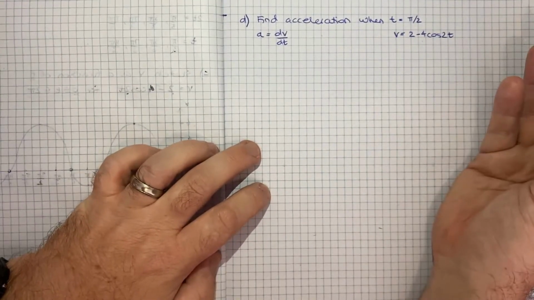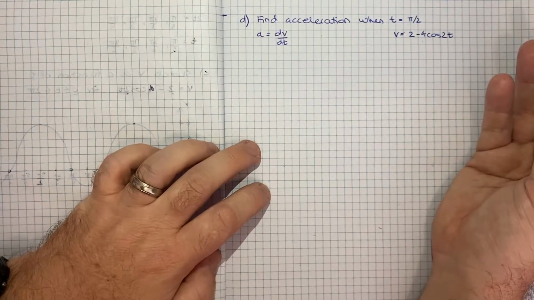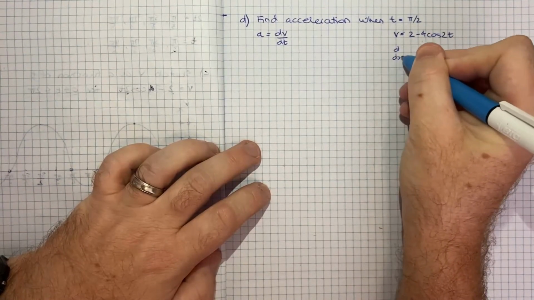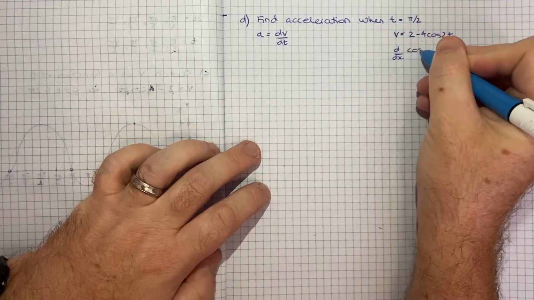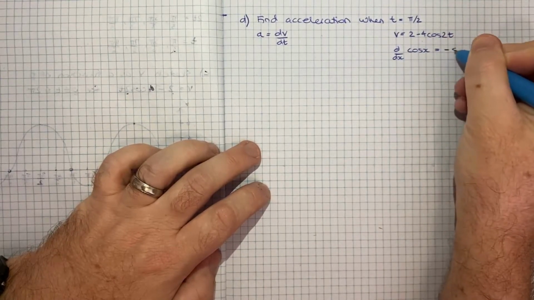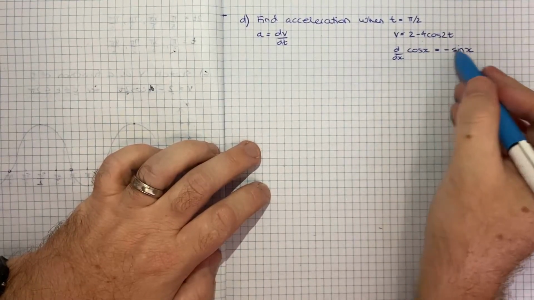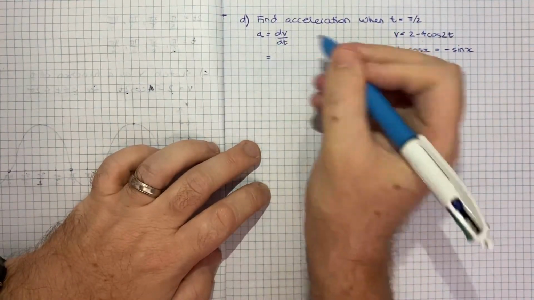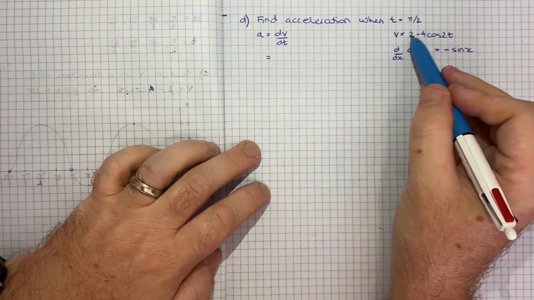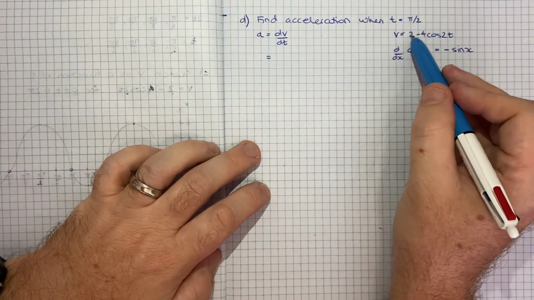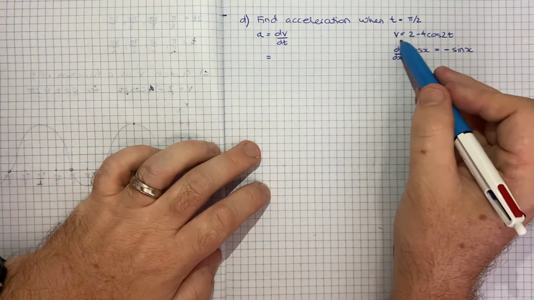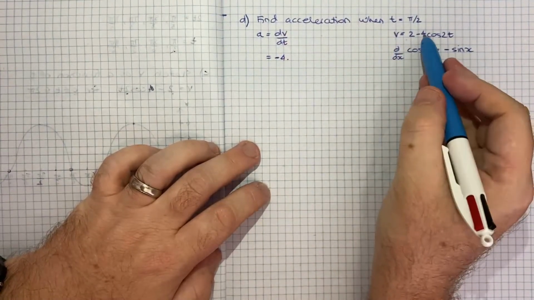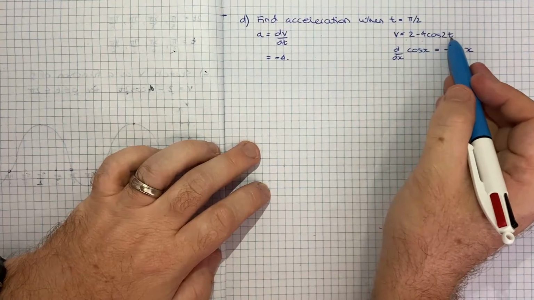I think the key is to know that in general, the derivative with respect to x of cos x would be negative sine x. That's the key result we need to know. So if we want to differentiate this, we can differentiate each part. The derivative of 2 will disappear, and we'd have negative 4 times the derivative of cos 2t.